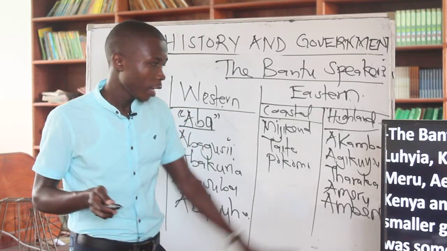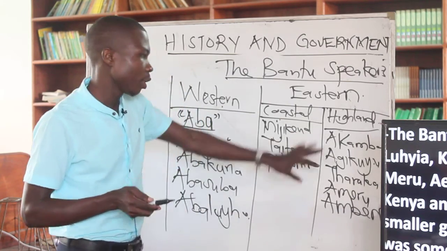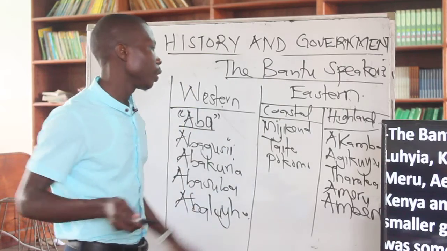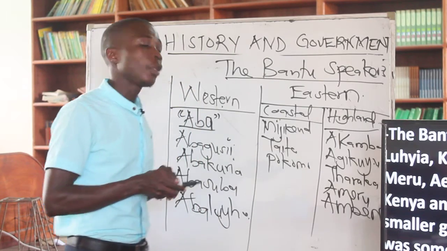So these are highland Bantus. They are found within the highlands. Coastal, these are the Bantus found within the coast.